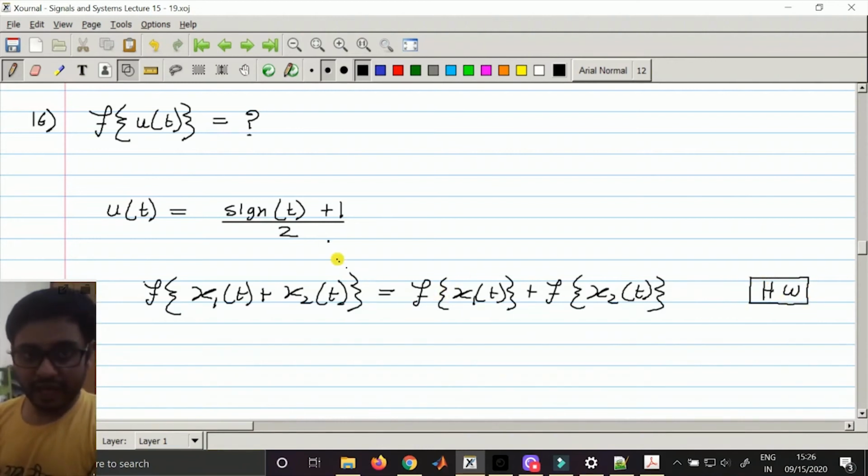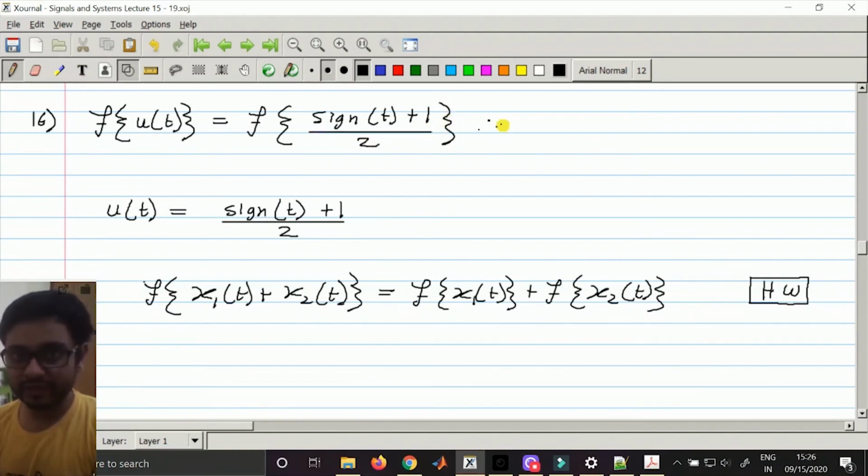If so, then the Fourier transform of u(t) can be written as the Fourier transform of signum t plus 1, whole divided by 2. That equals a common half, and the Fourier transform of signum t and the Fourier transform of 1 are to be added.